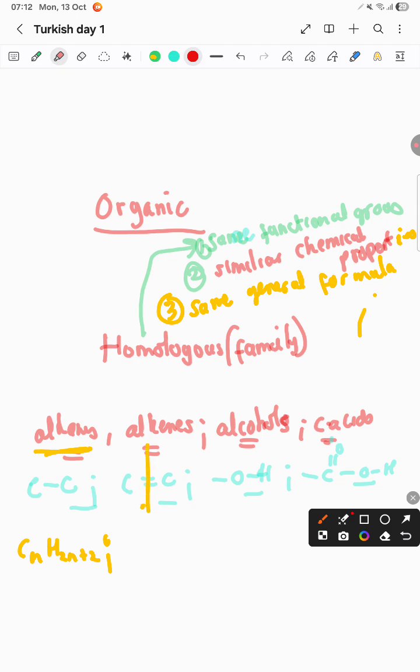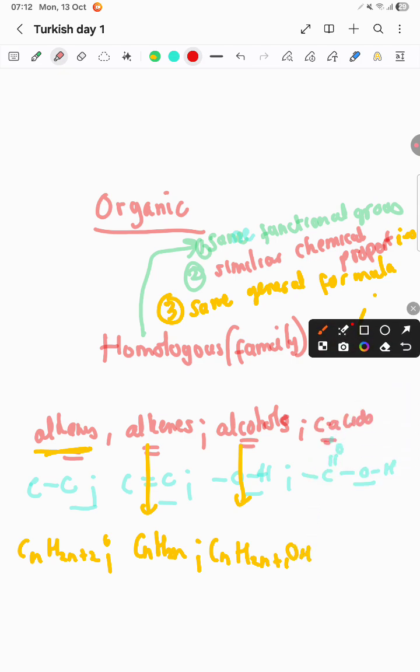The general formula of alkenes is CnH2n. The general formula of alcohols is CnH2n+1OH. And then the general formula of carboxylic acids, let me write it here, is CnH2n+1COOH.